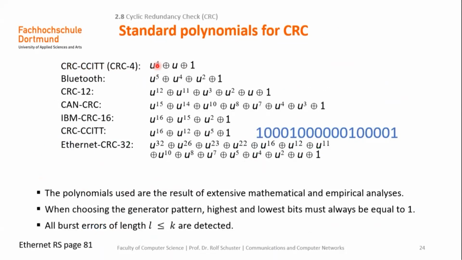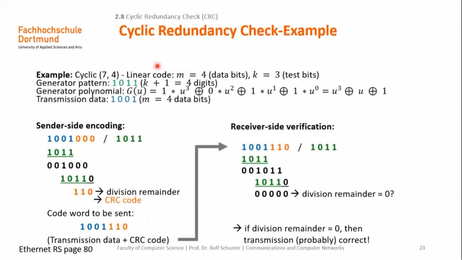That means that we transmit 3 test bits with this generator pattern, and in order to calculate the CRC code, we need to divide this data multiplied by 3 bits.